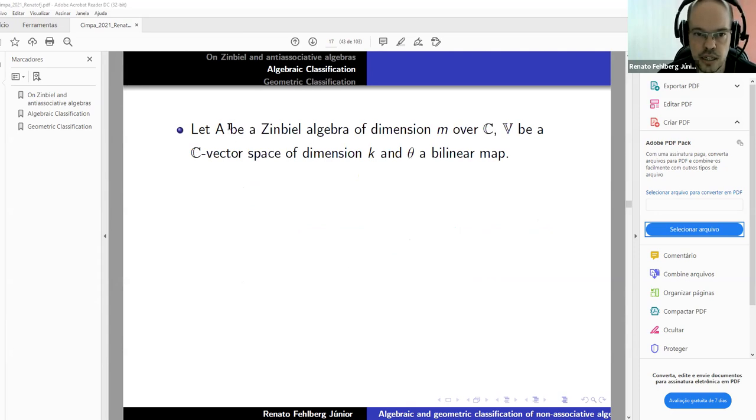Now consider a Zinbiel algebra A of dimension m over C. V will be a vector space over C of dimension k, and theta is a bilinear map.